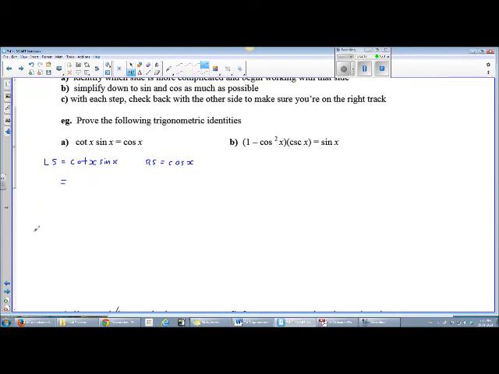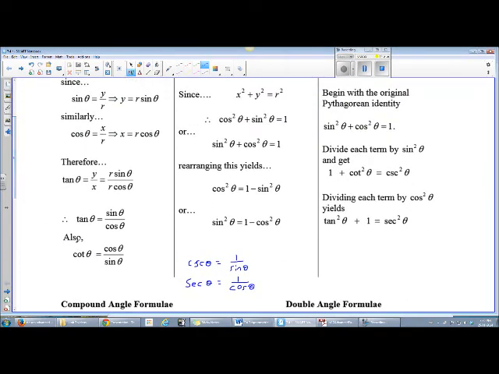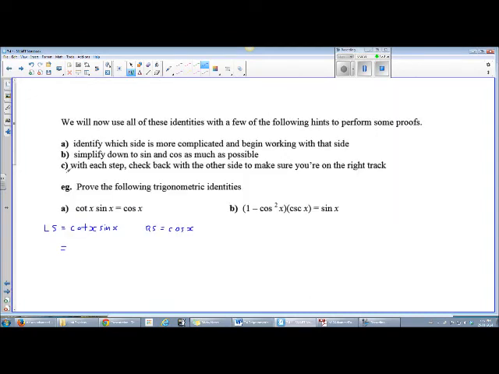Now, hopefully you found that we've got cotangent theta involved in the identity that we're working on. We see that cotangent theta is cosine theta over sine theta. And what we want to realize is that we want to simplify down to sine and cosine as much as possible. So here's cotangent x.